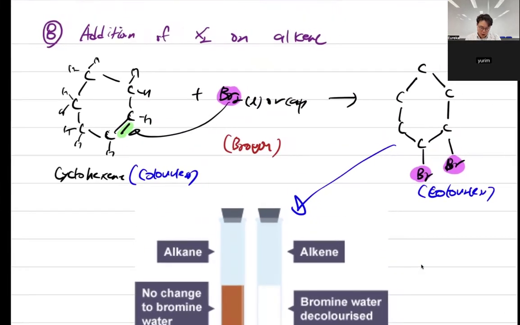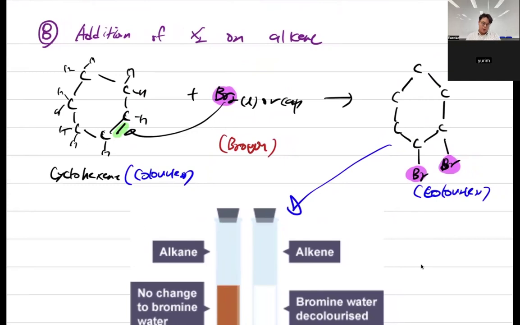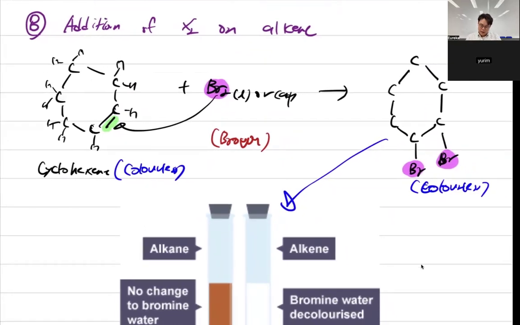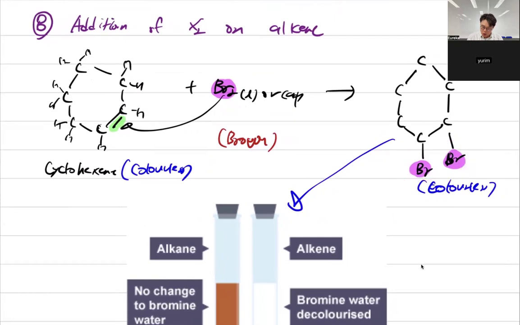Now, the main difference between this and the chemical reaction of addition of X2 is that this is adding two bromines. So the name would be dibromocyclohexane.